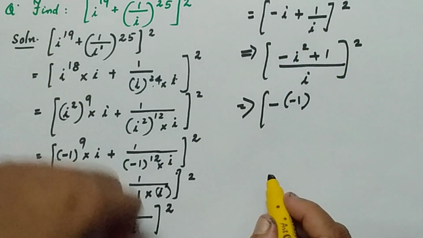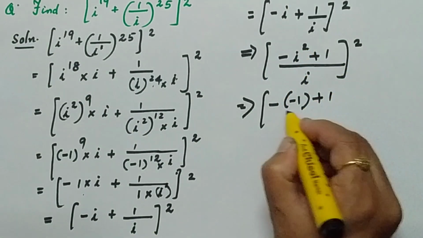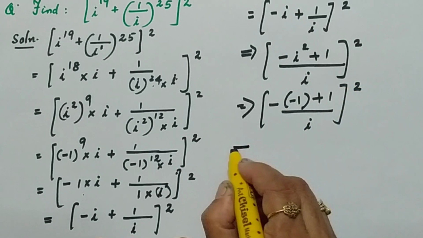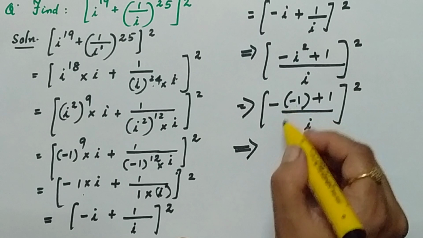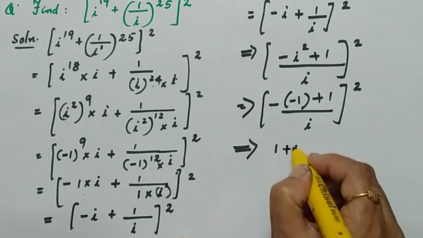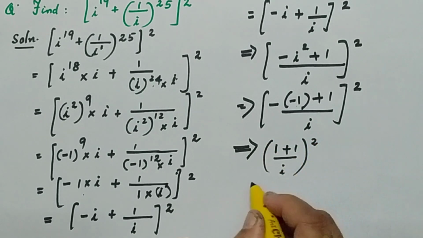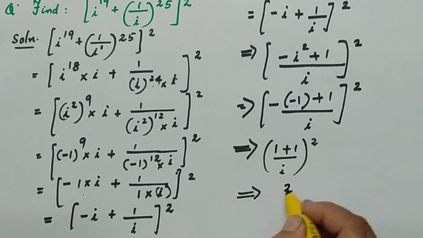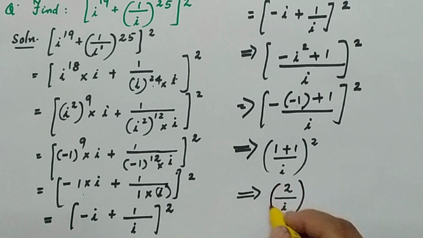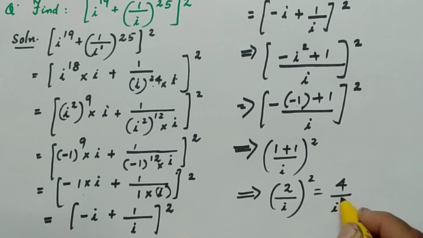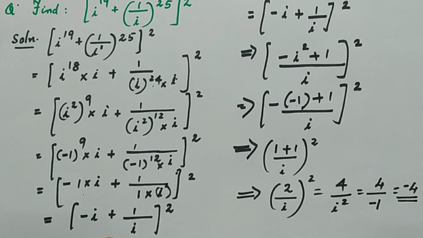Then here i square is minus 1, plus 1 divided by i the whole square, which implies minus of minus 1 is plus 1. 1 plus 1 by i the whole square, which implies 2 by i the whole square equals 2 square is 4 by i square equals 4 by i square is minus 1. The answer is minus 4.